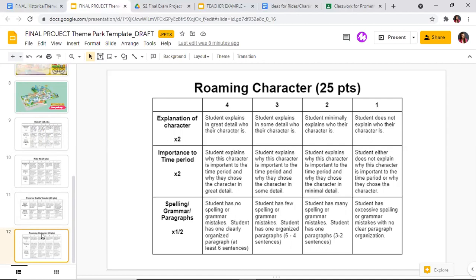And as always, you have checked for spelling and grammar mistakes because this is a marketing brochure. You want to put this forth to people, and you're not going to have people come into your park if they think you're careless and you've overlooked important details. You think someone's going to get on a roller coaster if they think you've made careless mistakes? I don't think so.